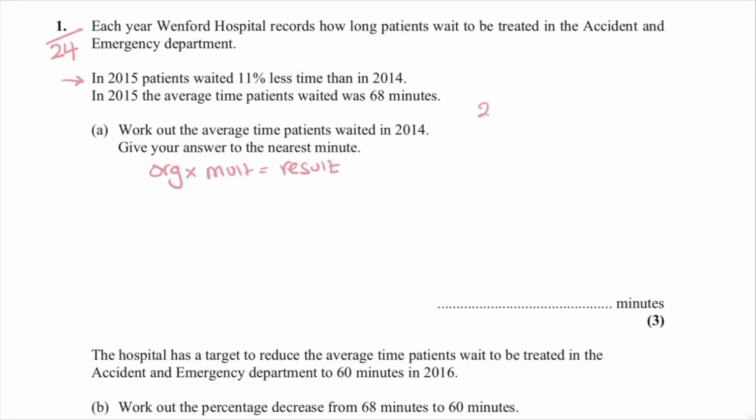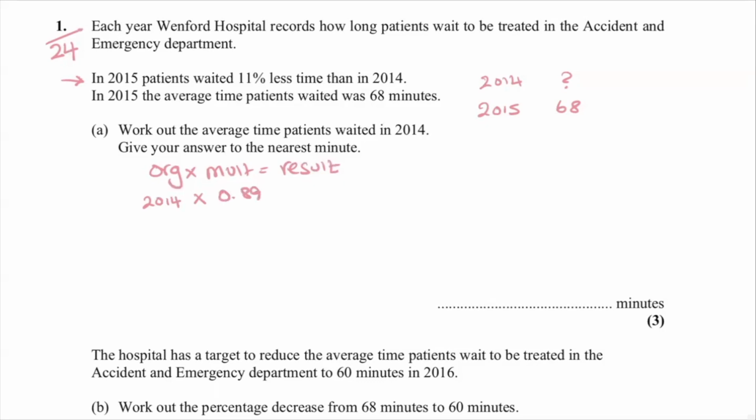We know that in 2015, it was 68 minutes. And it says that in 2015, patients waited 11% less time than in 2014. And obviously, we don't know that 2014. So there's an original amount in 2014 that we don't know. It got multiplied by 0.89.